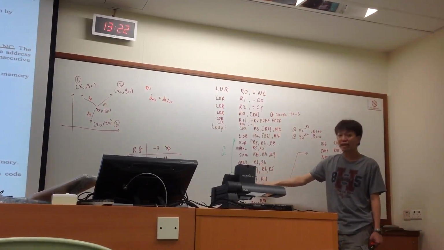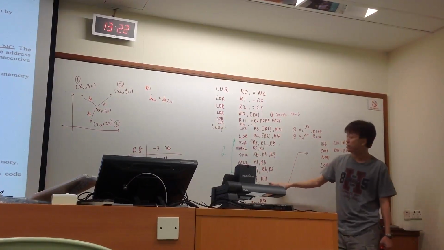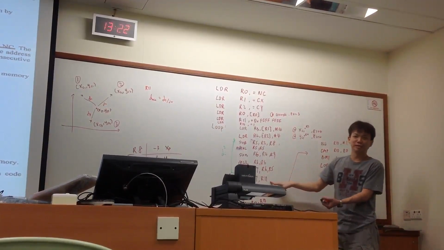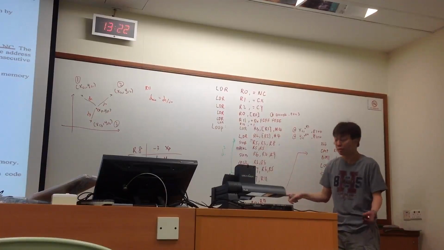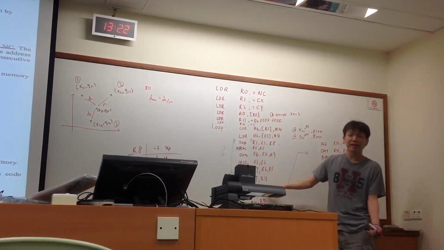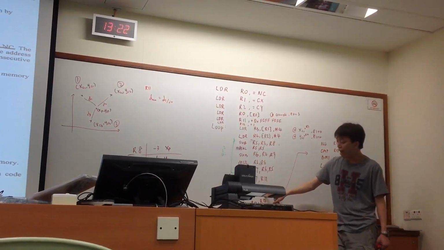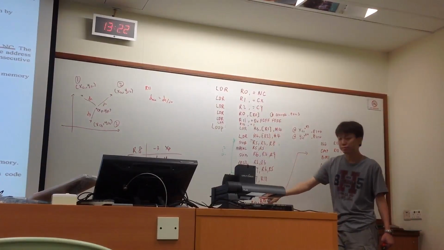Then you compare R7 with R11, the largest number. Of course, it's true. For the first object, no problem, it is definitely less than the offset. So you will update R11.